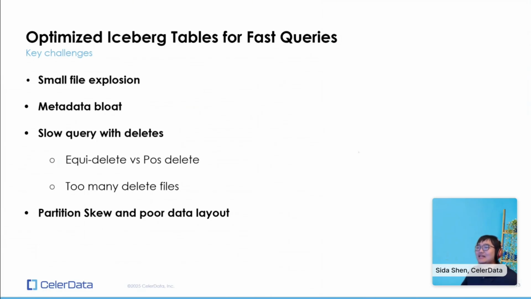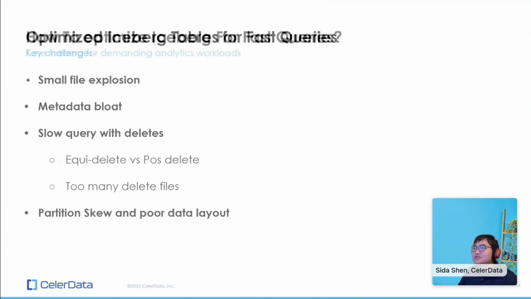Second is metadata bloat, together with the deletes we talked about. With V2, you want to keep your metadata small, because too many small metadata files can be a problem for the reader as well. You want to do those metadata rewrites. And then there's partition skew and just poor data layout, which are your typical, common data warehouse challenges.